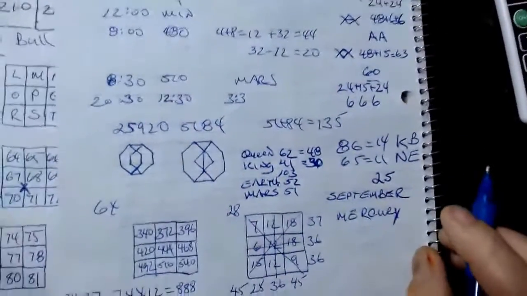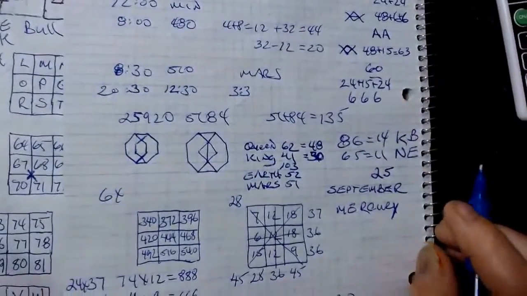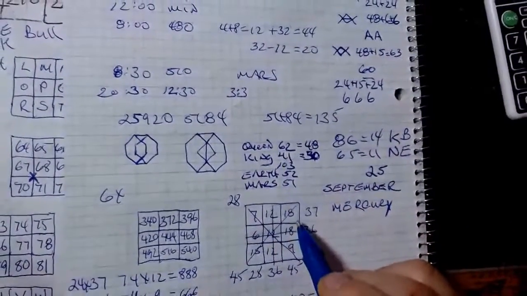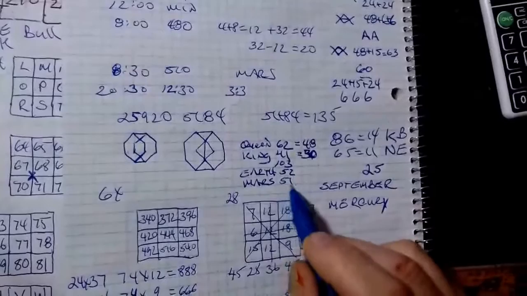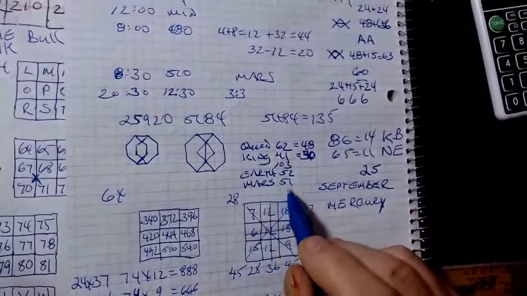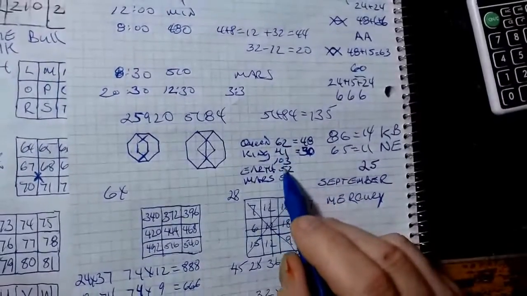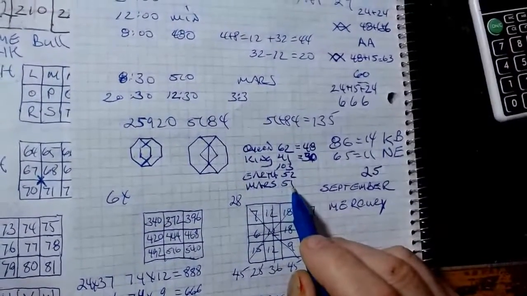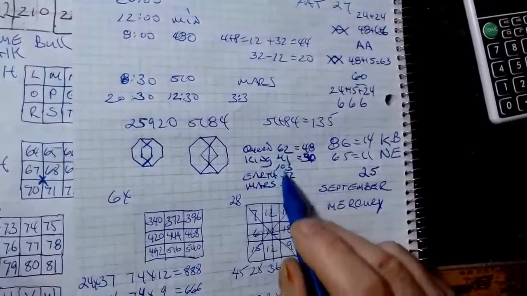Mercury also equals 103. Here we have 8 and 5 coming together to make 103. Here we have 13 coming together to create 103. Sorry, 8 and 5, and here I have 7 and 6. And then I have 1 and 3 and 1 and 3.